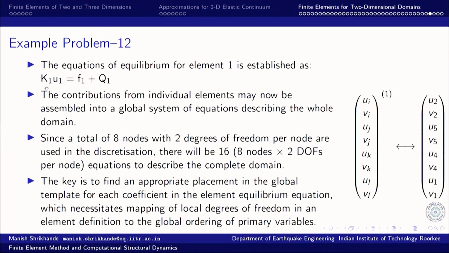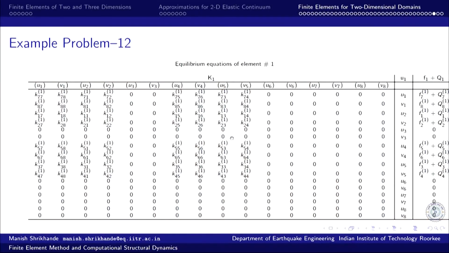So, that is the 7th and 8th variable in the element level, they would correspond to the first and second in the global variable, because the fourth node in this particular local node numbering is actually the first node in the global node numbering, and that is how the actual assembly goes.